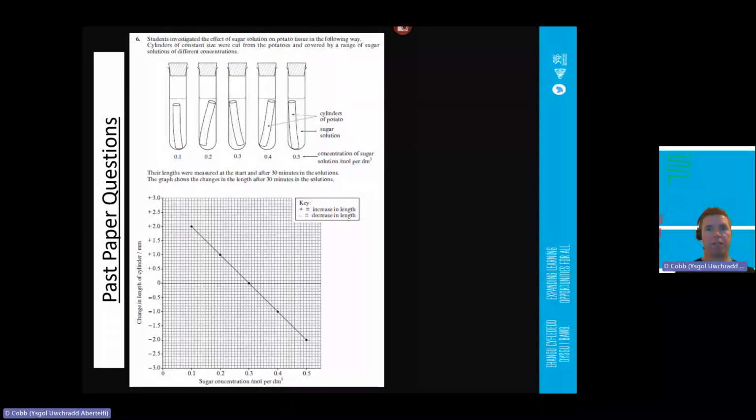So we've got potato tissue, so potato chips, cylinders that are put into different concentrations of sugar solution. Okay, lower sugar solution 0.1 to higher sugar solution 0.5. This is a very common experiment that you probably did in class.